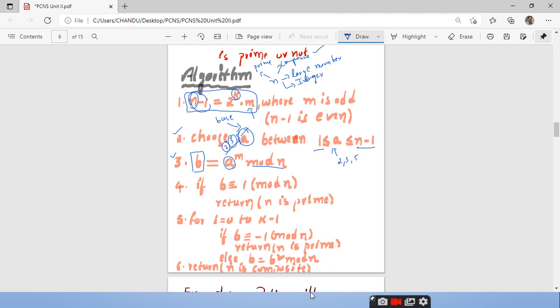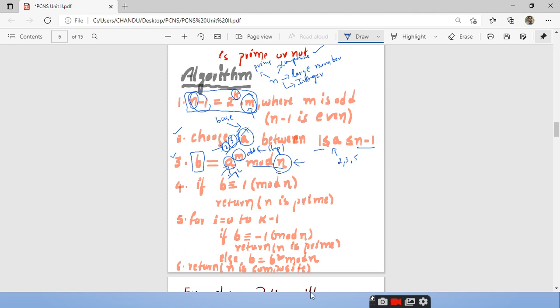Anything you can take, but basically we start with base 2. And m is the odd number we got from the first step. So this a is from step 2 and this m is from step 1. Mod n, we know what n is; it is given by the user.